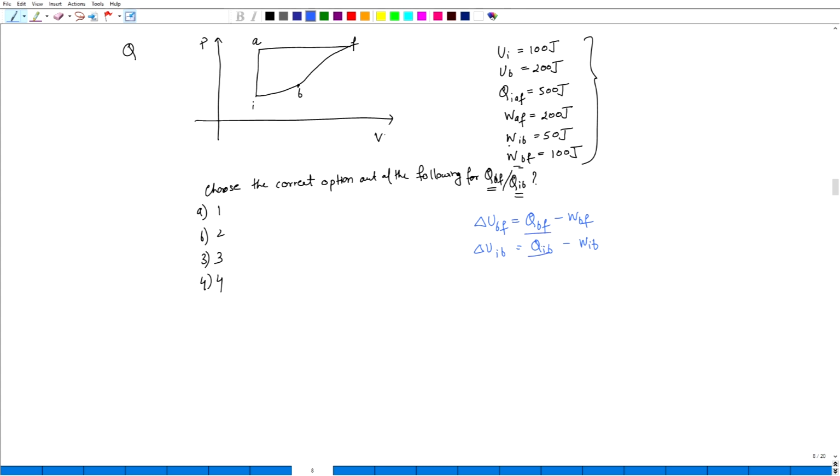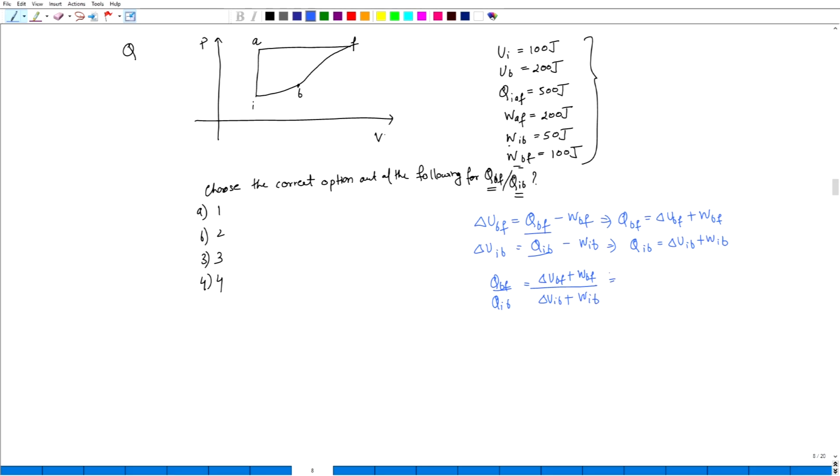I need to find the ratio of this. So QBF is delta UBF plus WBF, and QIB is delta UIB plus WIB. So QBF by QIB is delta UBF plus WBF divided by delta UIB plus WIB.